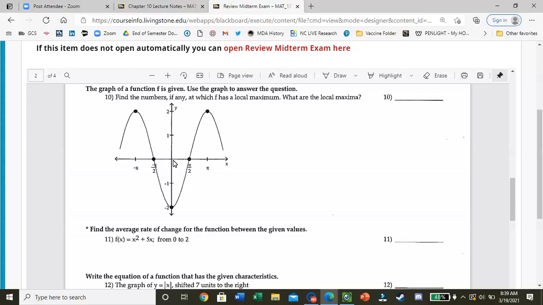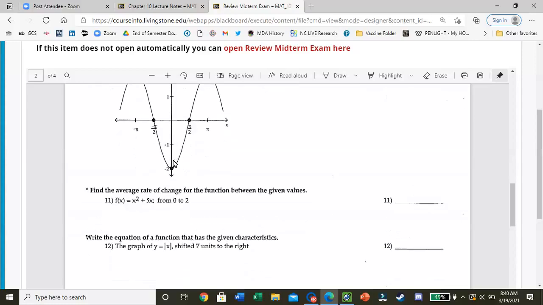They said the local maximum is located at negative pi and positive pi. But the local maximum is 2. So they wrote the location first, and then the actual maximum last. All right, but it's all the same answer.